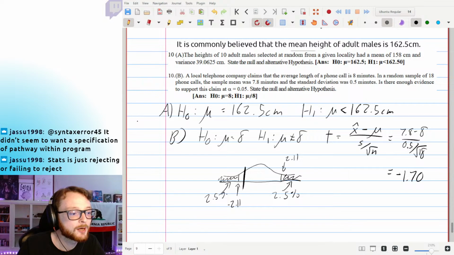Oh, squared. Okay. Is that log base 10 of x then, or what's the second piece? So we're gonna fail to reject the null.